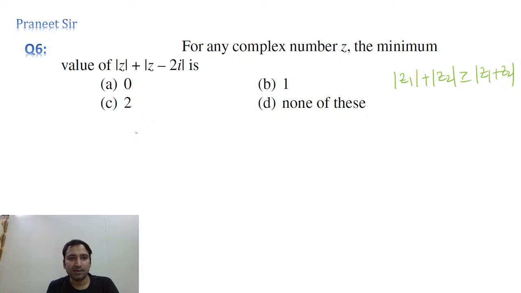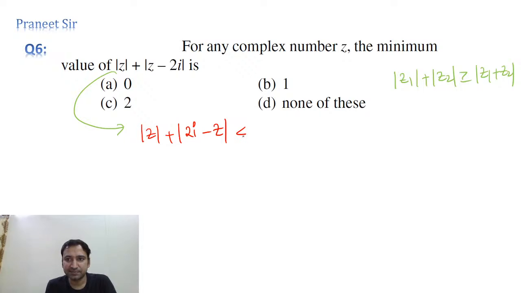Now, we can write this expression as mod z plus mod 2i minus z. Can we write it like this? And this is greater than or equal to modulus of z plus 2i minus z.